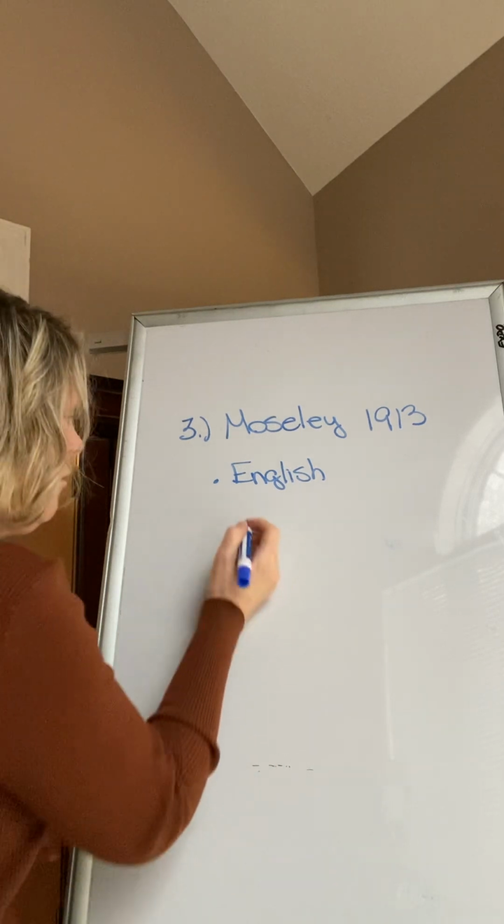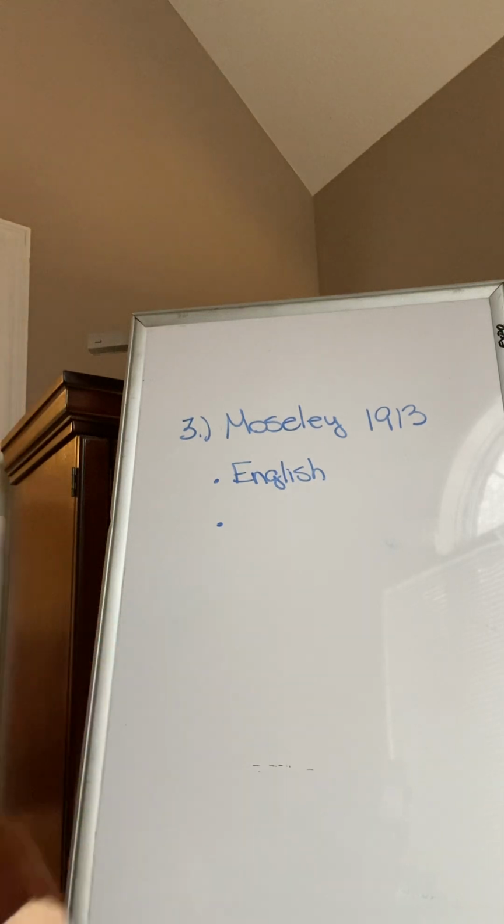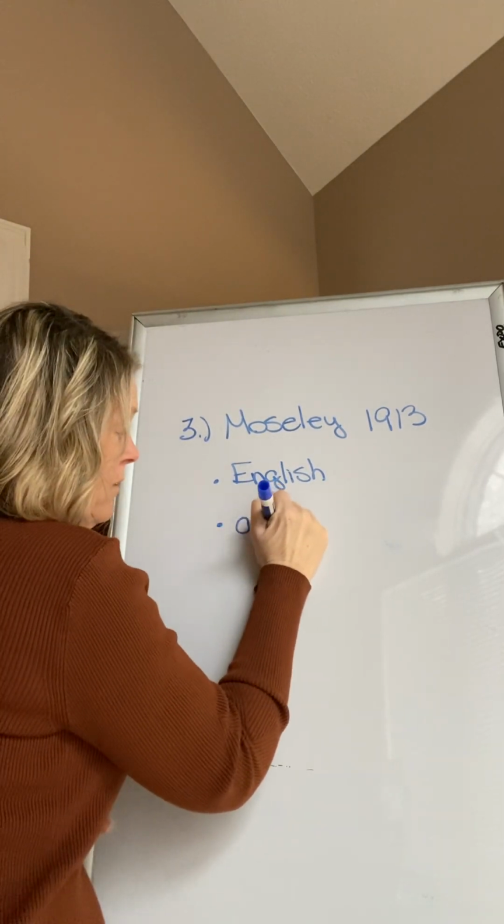And so what Moseley does is, remember that Mendeleev arranged based on atomic mass. Moseley is going to change that, and he's going to base his arrangement on atomic number, which is the way we do it today.